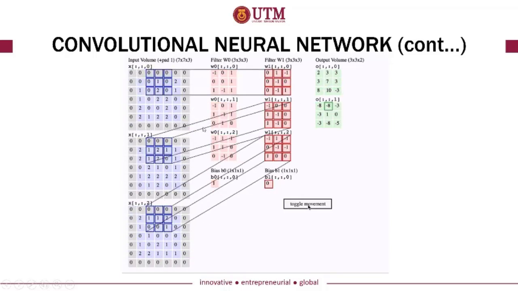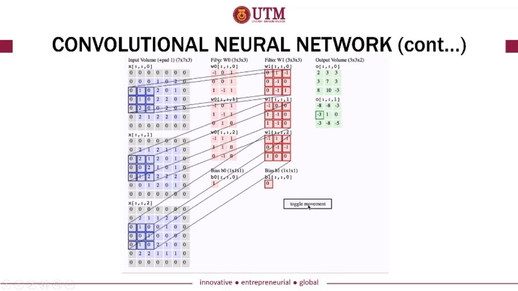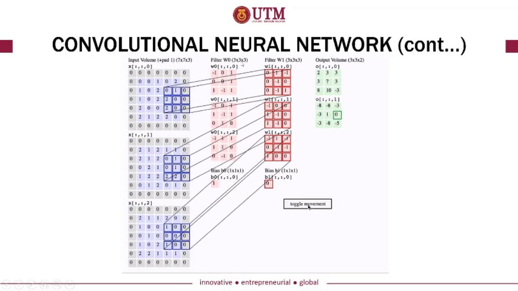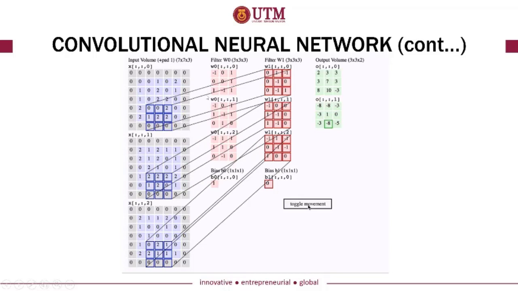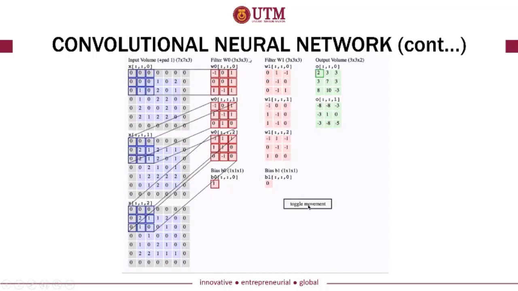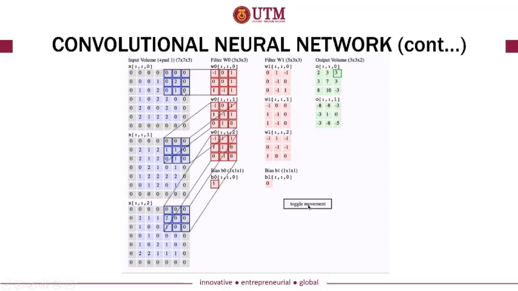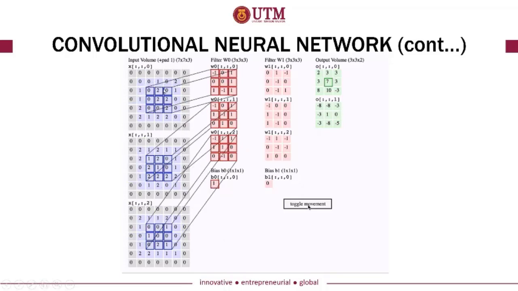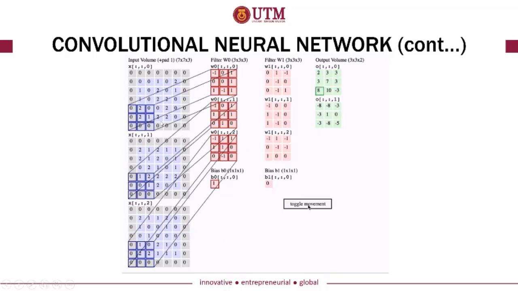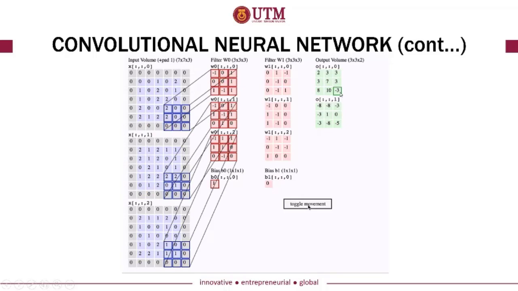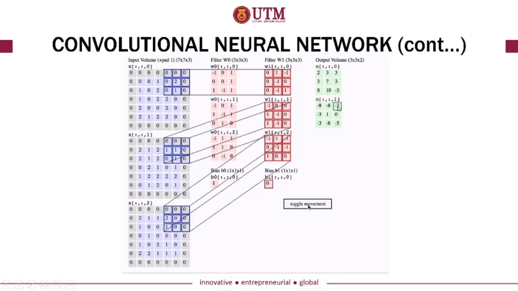This is your 3 times 3 times 3. In this example, they are using 3 times 3 times 3 because this 3 over here follows the depth size of the input image. So that's how you get this one, and then this one for the second filter.